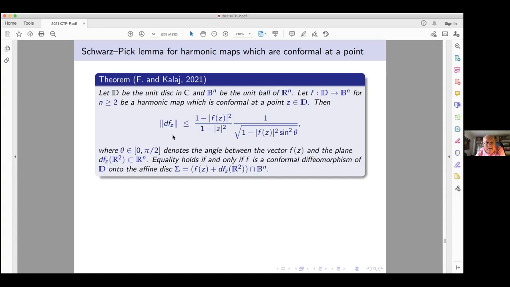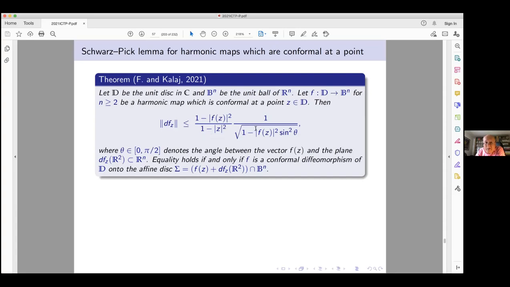Then the size of the differential of f at that point is dominated by this number. First, there is this quantity which looks familiar from the usual Schwarz-Pick lemma for holomorphic functions on the disk, right? So this would be the number if f were a holomorphic map from disk to disk. You would exactly have this number.